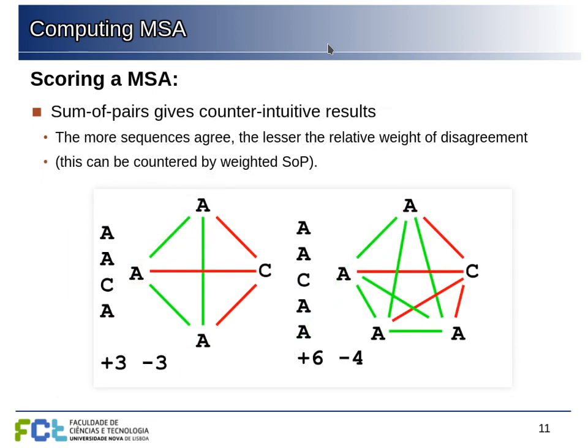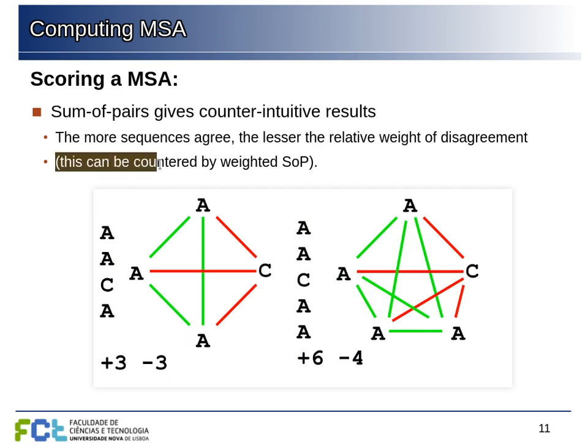And as we increase the number of conserved symbols in a column, we also paradoxically increase the weight of the mutation there. So this can give us a result where we actually get poorer scores just by adding more sequences and still conserving the sequence there.